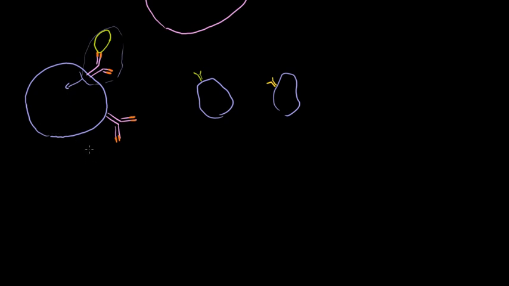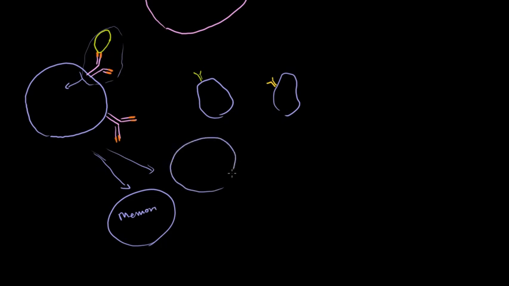And then when it gets activated, it proliferates. It proliferates itself, and you normally need the T cells there, and some part of them become plasma B cells, some part of them become memory B cells. So these are memory, and then you have the plasma B cells. And remember, the plasma B cells just say, gee, I've been activated, I'm just going to produce a ton of these antibodies.